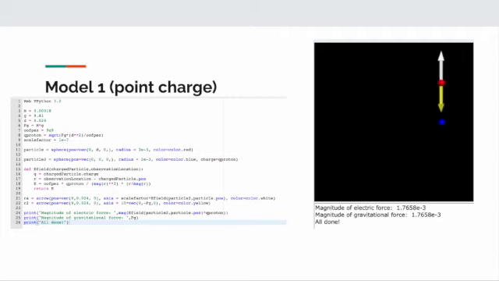The arrows show the force of gravity and the force of the electric field. I made a function here, E field, which is a coded system to solve for Q, or to solve for E like I did in the previous section. As you can see, it prints out that the magnitude of the electric force is equal to the magnitude of the gravitational force, which is correct, as we found in the lab.